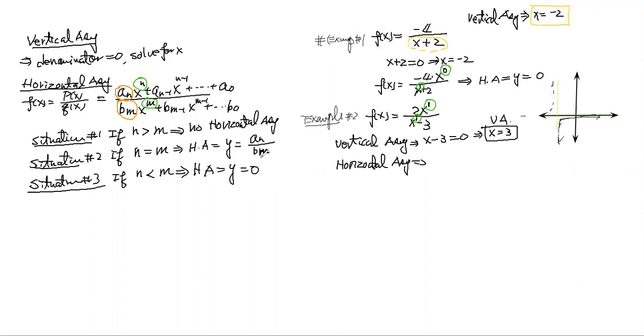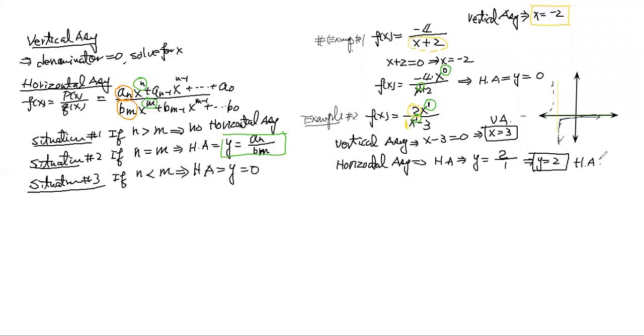Like we said, if they have the same degree, you compare the ratio of the leading coefficients. The leading coefficient on top is 2, and on the bottom is 1. So the asymptote is 2 over 1, that means y equals 2. This is my horizontal asymptote.